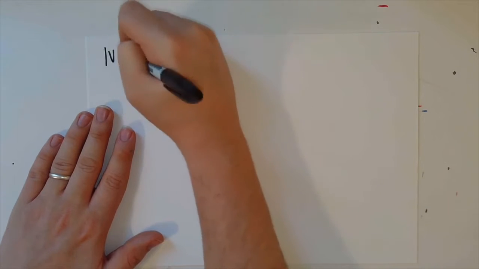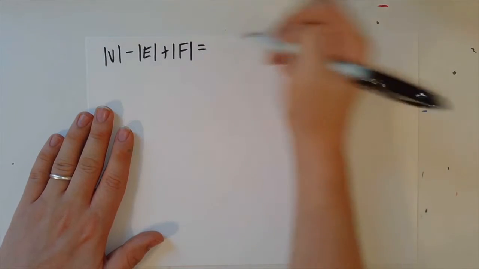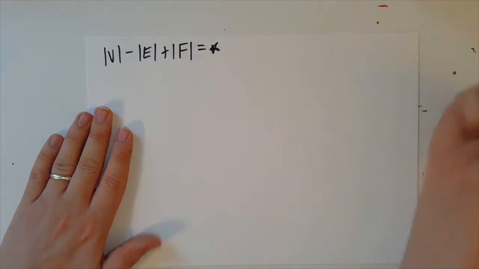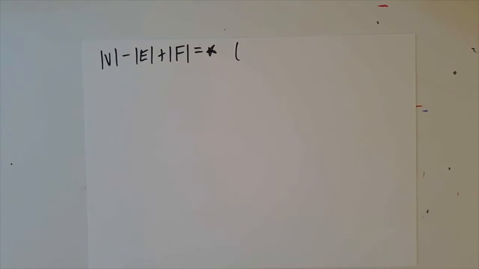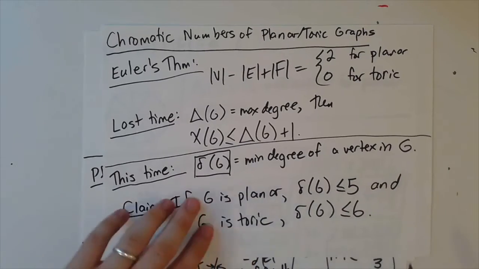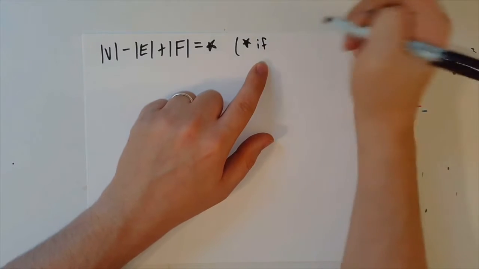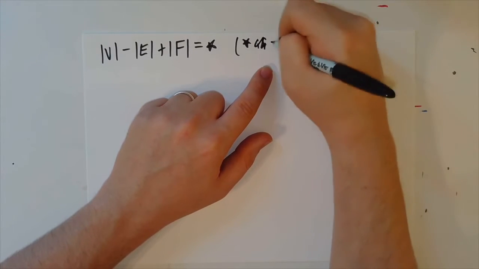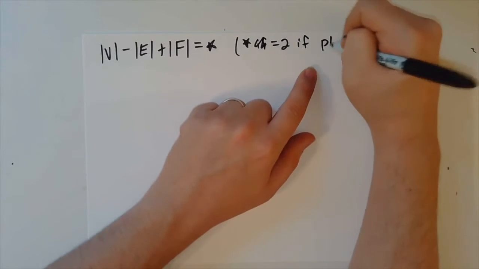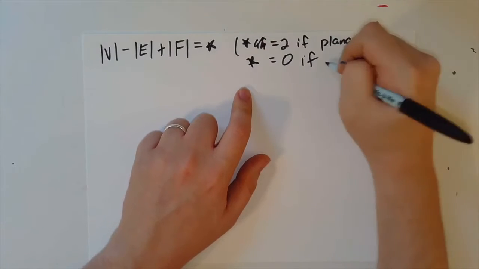And remember that Euler's theorem concerns this quantity, number of vertices minus the number of edges, plus the number of faces, and that this is equal to some asterisk, where, remember, I'm here simultaneously talking about both planar and toric graphs. So this asterisk is either 0 or 2, depending on which I mean. So this asterisk is 2 if planar, and it is 0 if the graph I'm talking about is toric.